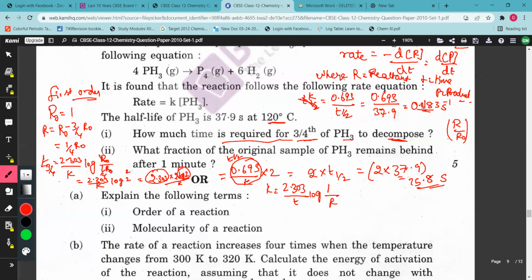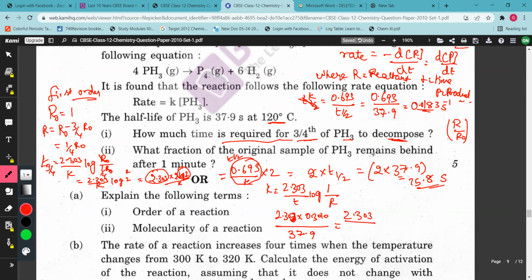So the K value we have calculated, or you can use K for simplification like this: 2.303 into log 2 is 0.3010 by T half, 37.9. 2.303 into 0.3010 is nothing but 0.693. Why I am using this form is that 2.303 is on the right, so now you can cancel it off directly. Or you can use the value for K.